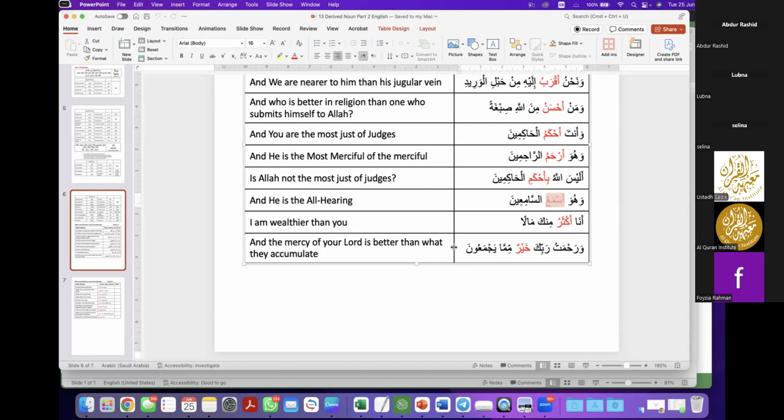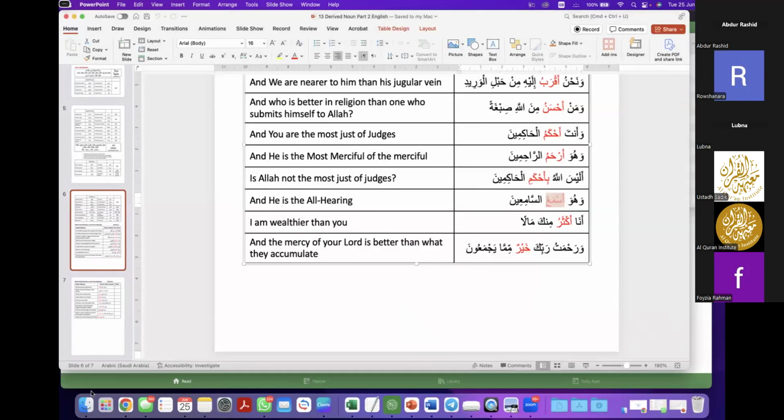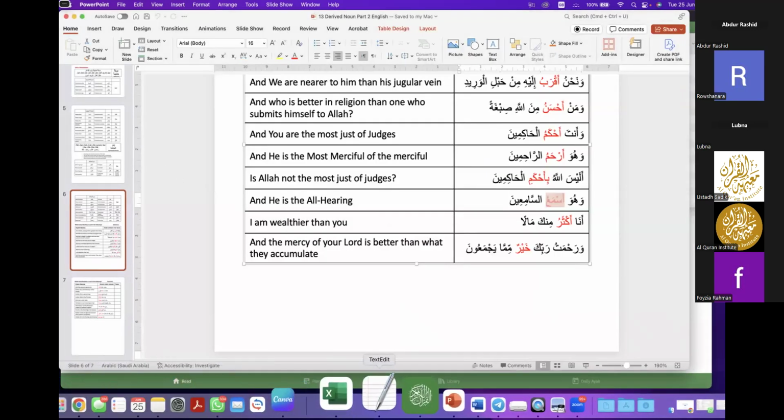Ana aktharu minka malan. I am wealthier than you. Ana aktharu minka malan. You can ask someone to. Sister Roshanara, I don't think I've asked you. Ana aktharu minka malan. I am wealthier than you. Ana aktharu.